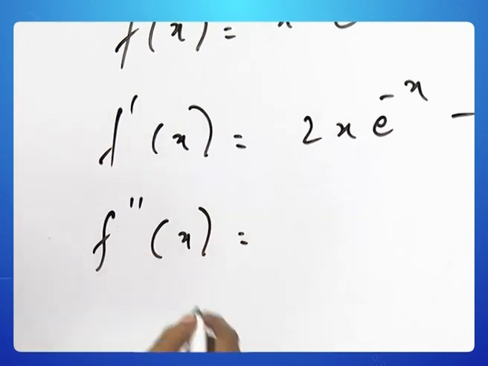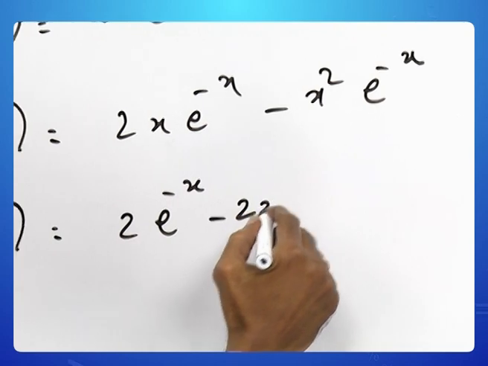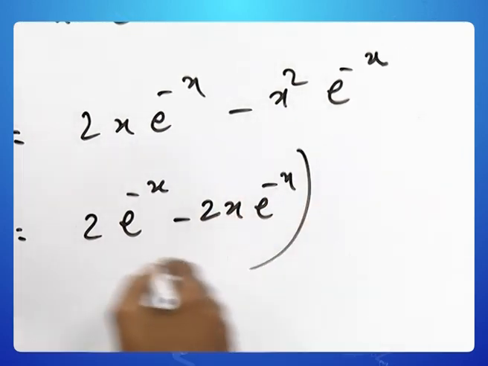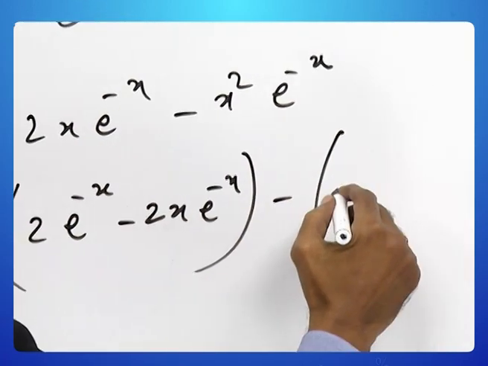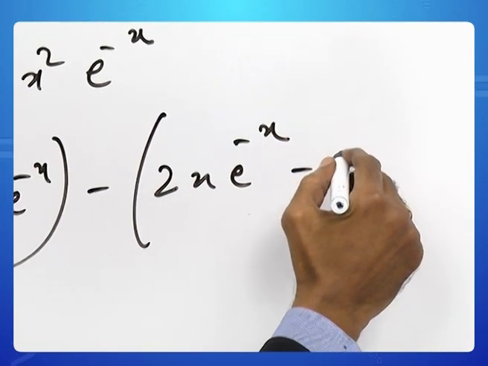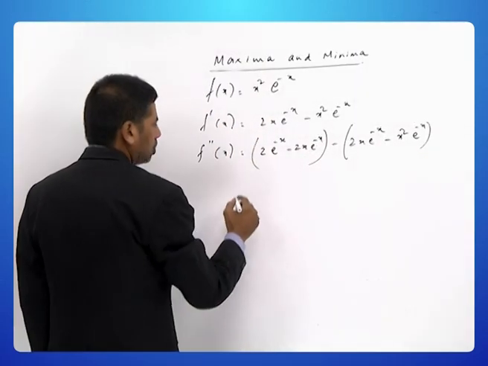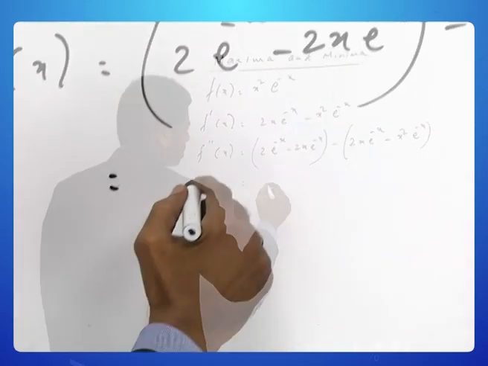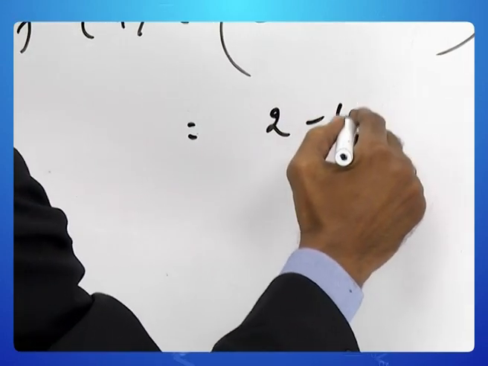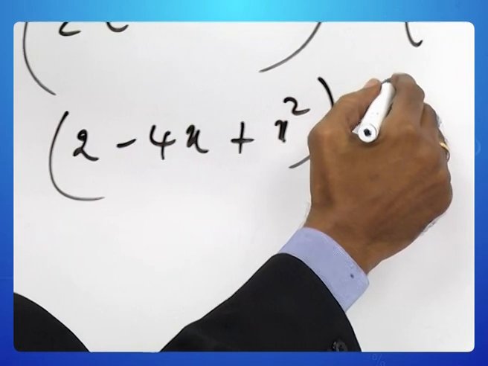F double dash x is equal to 2 e power minus x minus 2x e power minus x minus of 2x e power minus x minus x squared e power minus x. So we can write this as 2 minus 4x plus x squared into e power minus x.